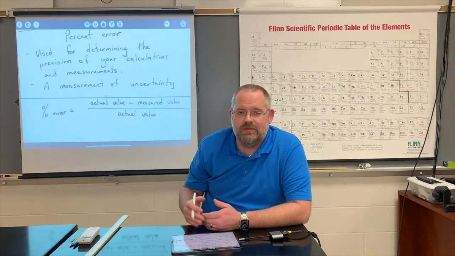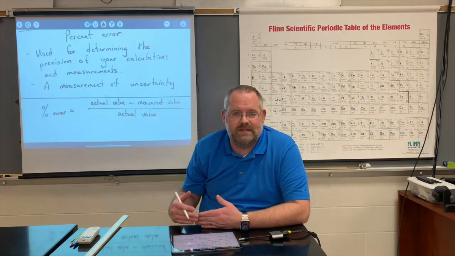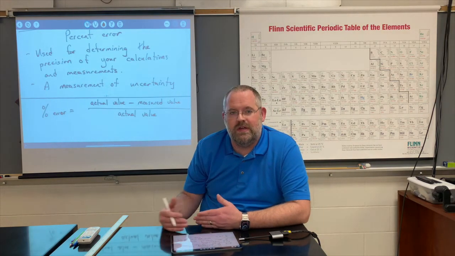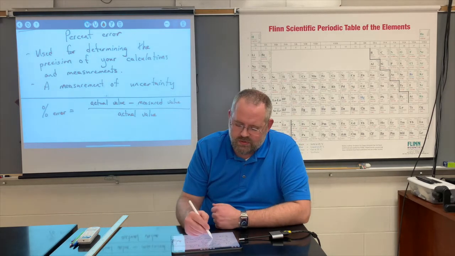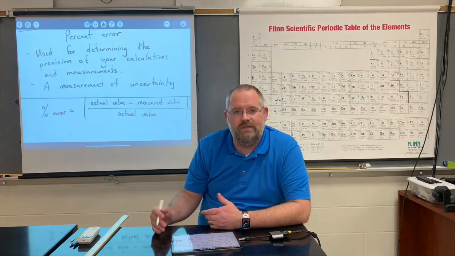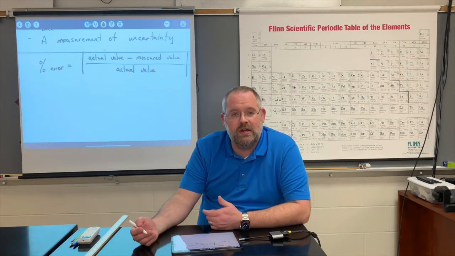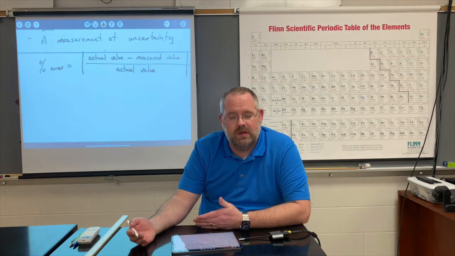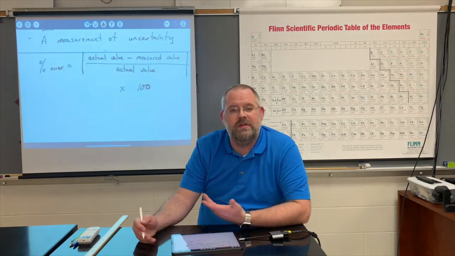Now, sometimes your measured value can be less than or more than your actual value, so you can end up with a negative number. We're not going to worry about the negative number, so we're just going to take the absolute value of this total. Okay. Now you're going to end up with a decimal, and so what you need to do after that is multiply that value by 100 to get your percent.